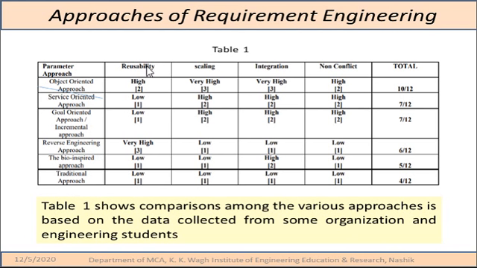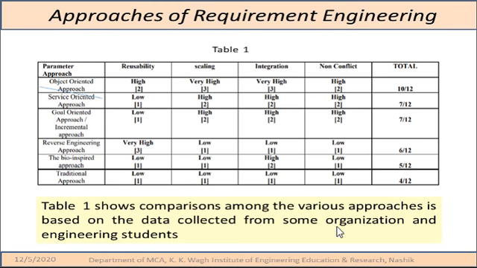If you apply parameters like reusability, scaling, characteristics, integration of the system, conflict, or unambiguity, and total all the attributes, we can see that the object oriented approach is better for requirement engineering, as its total is higher compared to the other approaches.